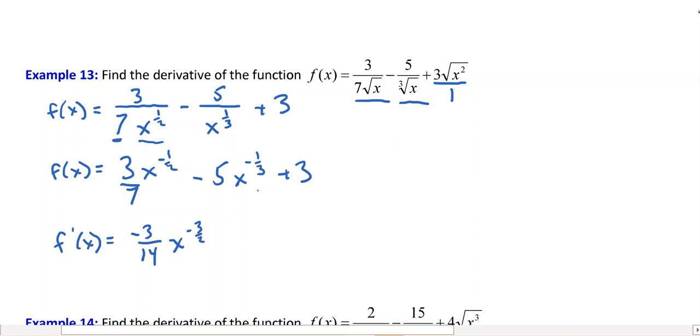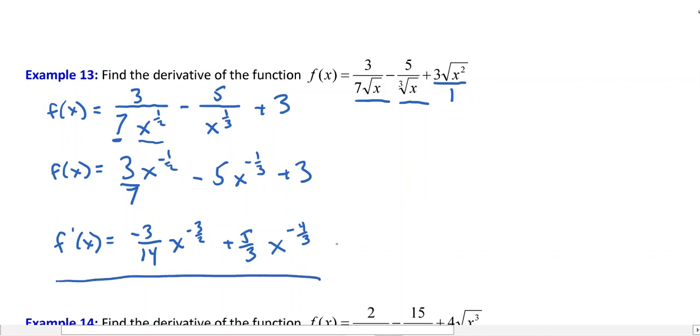Then we have minus 5 times the negative 1/3 would be a positive 5/3, x. Negative 1/3 minus 1, or minus 3/3, would be negative 4/3. And then the derivative of a constant is 0. So this is my derivative.